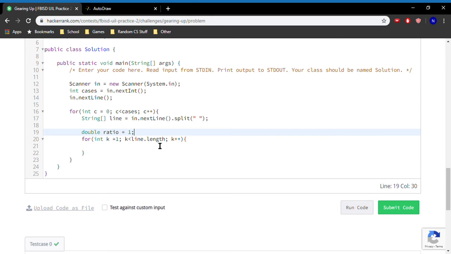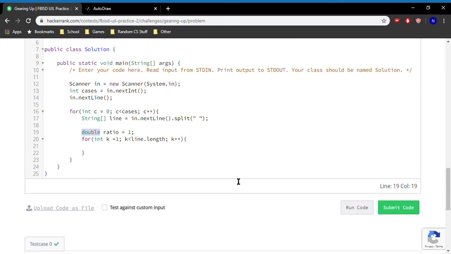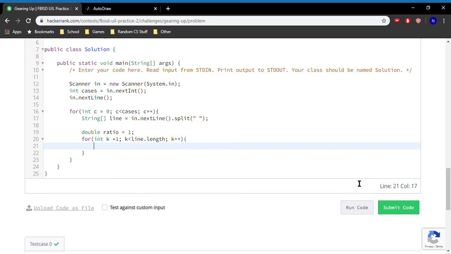Since you're going to be dividing integers, it's always a good idea to use double, just so you don't have a truncation issue. And then we can make the ratio 1 since we're going to be multiplying and dividing, and 1 doesn't really affect it, so that's a good number to start the ratio as.